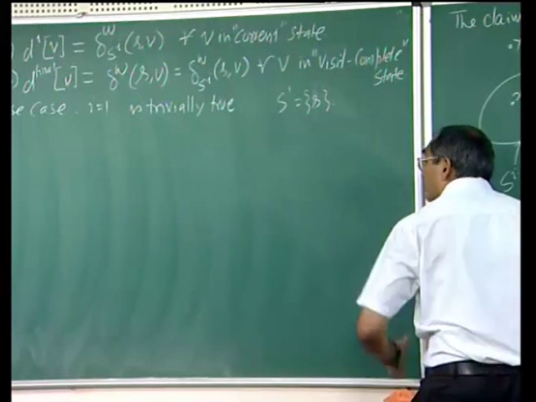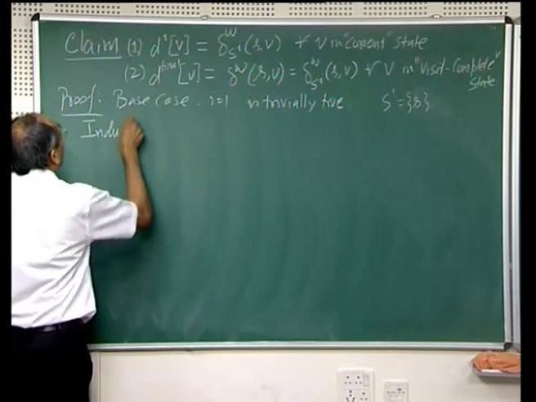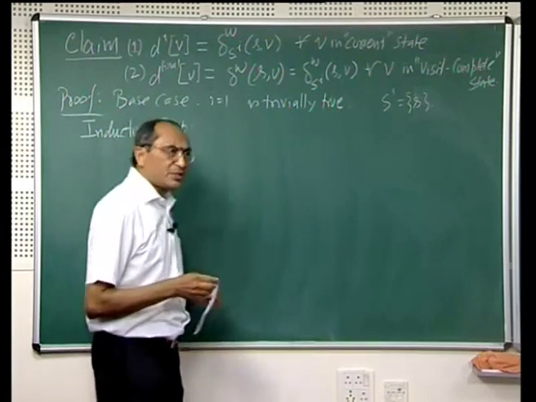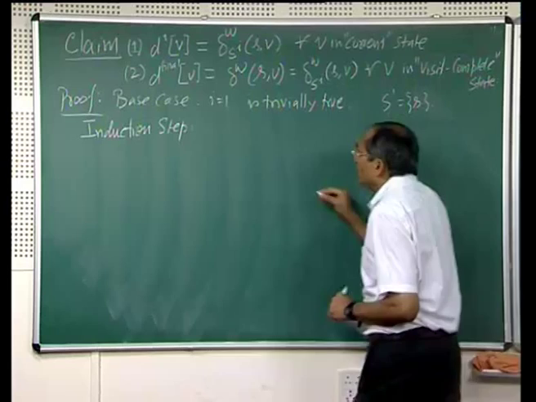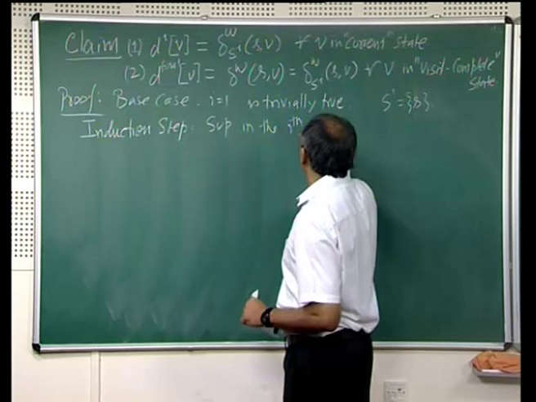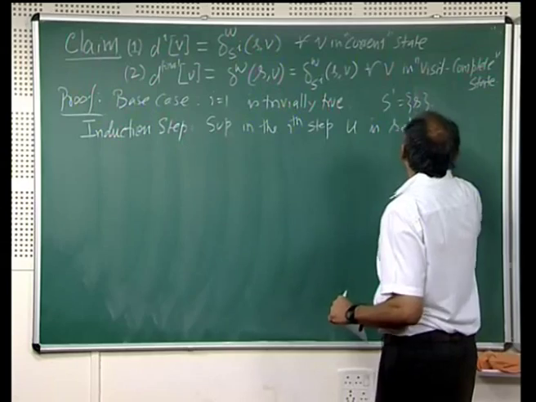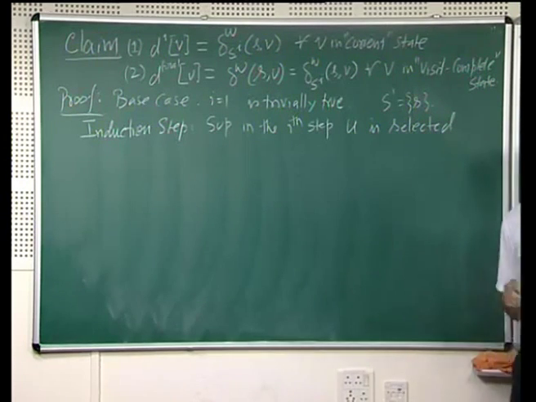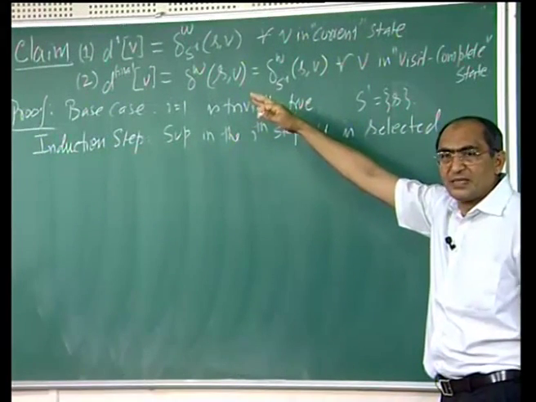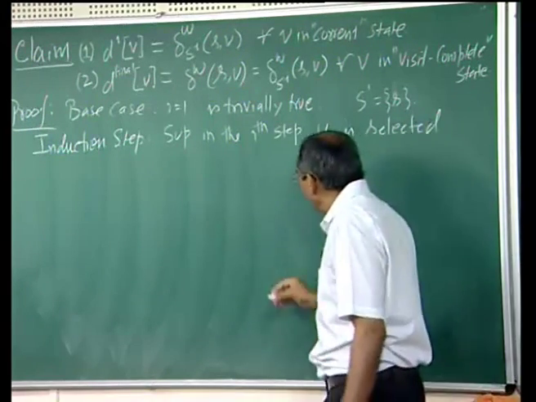So let us now come to the induction step. Suppose in the ith step U is selected. So my claim holds for the first i minus 1 iterations, and the ith iteration just begins.